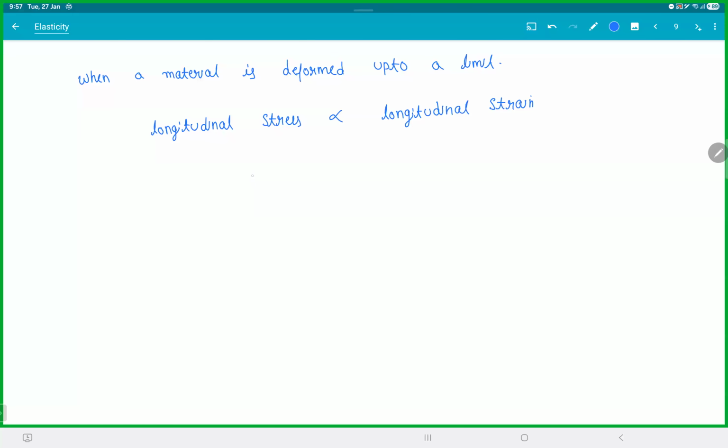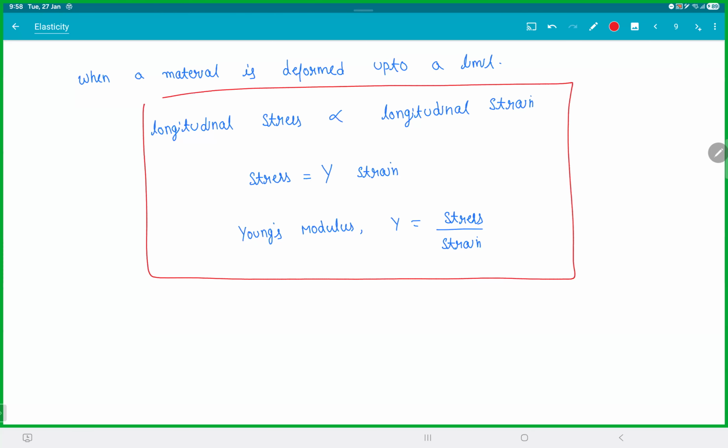The proportionality constant is given by, I'll simply write it as stress. The proportionality constant is given by Y, which is called Young's modulus. So Young's modulus Y is stress by strain. Okay, so this is your main formula there. It's a constant. It depends on the nature of the material and temperature.